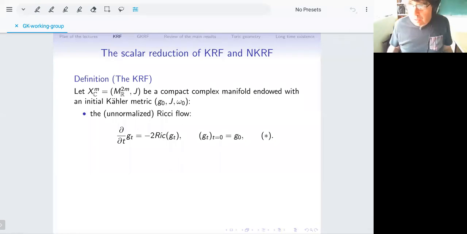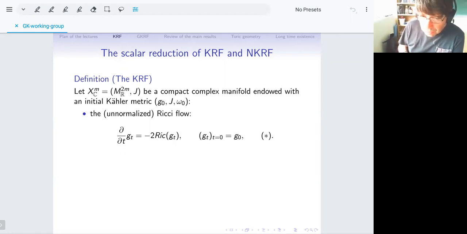Okay, so Kähler-Ricci flow. We consider here a fixed complex manifold, which is a 2n dimensional manifold with an integrable almost complex structure. And we will pick an initial Kähler metric. So we have a Riemannian metric which is compatible with the complex structure, and its fundamental two-form is closed and symplectic.